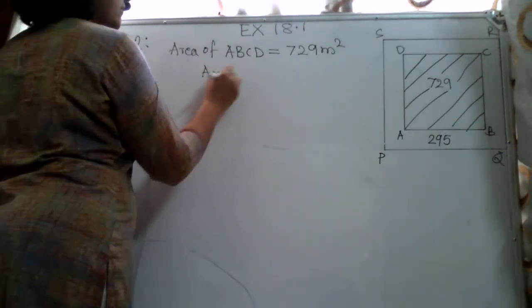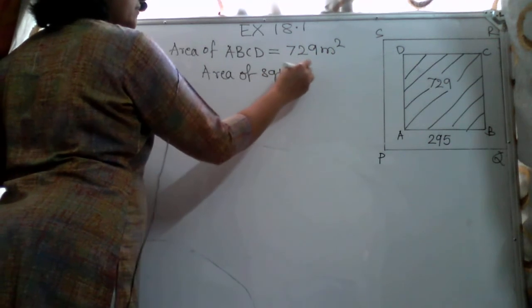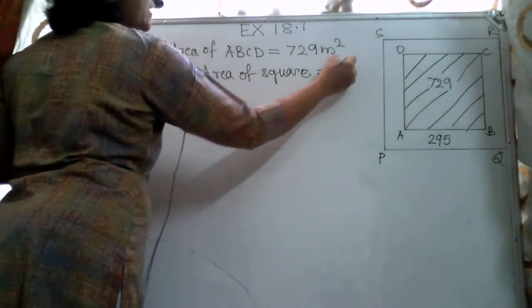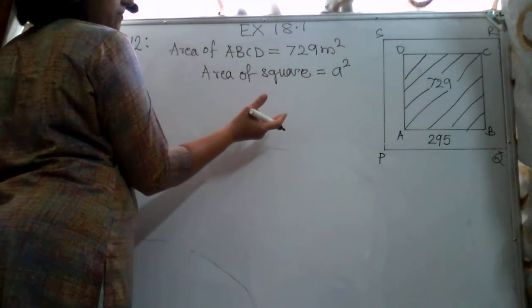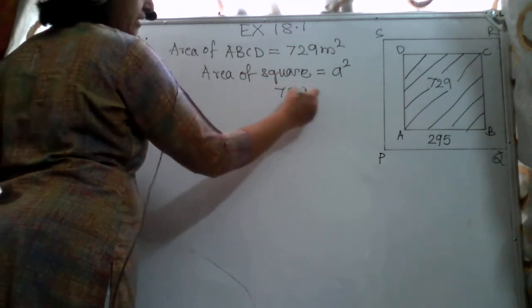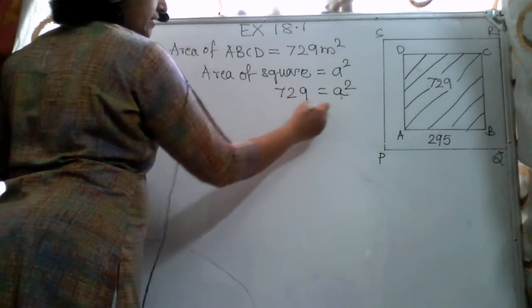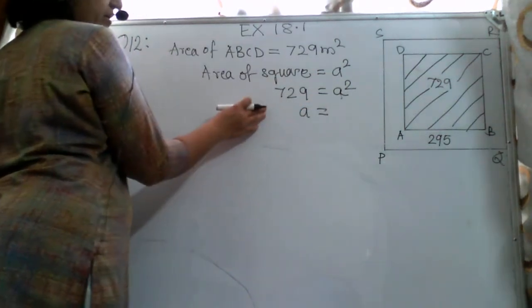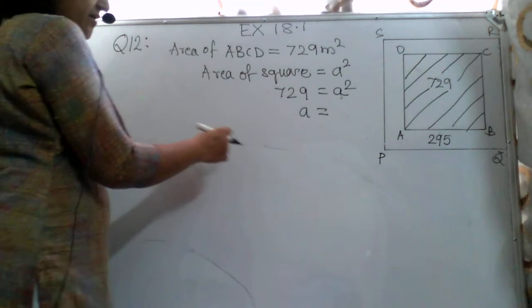Area of square is equal to a square, we can write it as. Area of the square is given, 729 is equal to a square. Then what is a? If you find the square root of 729, how much are you going to get?